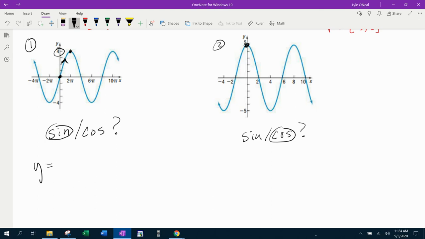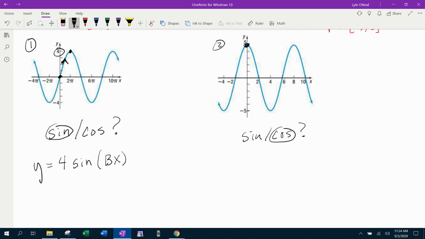So that means that this equation is going to start with y equals 4. The 4 would be positive because it goes up first, sine of, and then we would need to figure out the b value. So b is the only thing we would need to figure out to finish that.